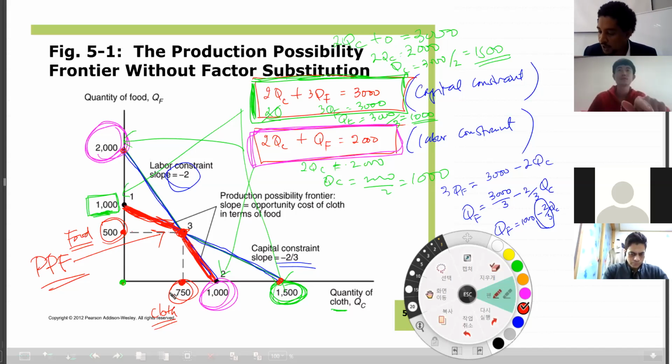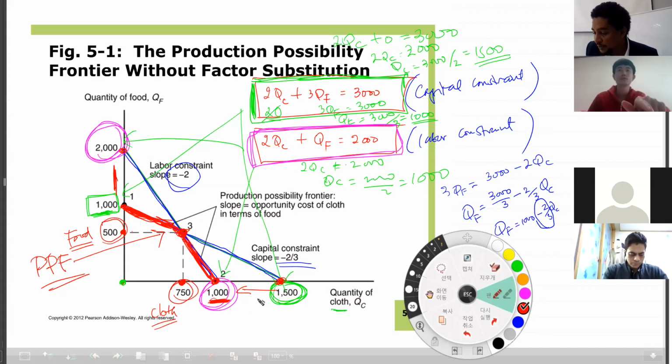But you can see the gap here. We could have produced 2,000, but we produced 1,000. We could have produced 1,500, but when you use labor intensive, it is only 1,000.